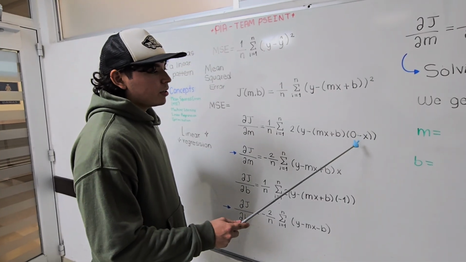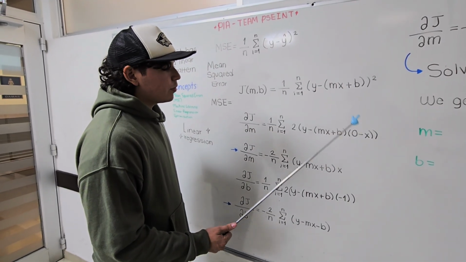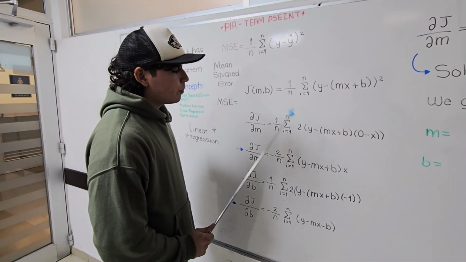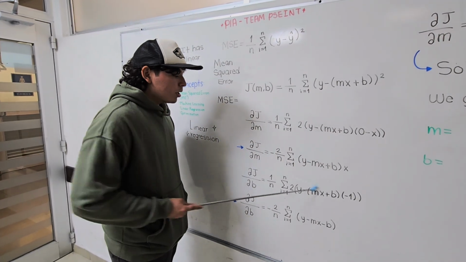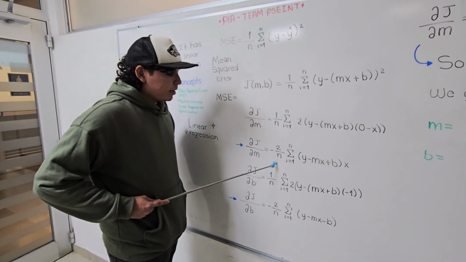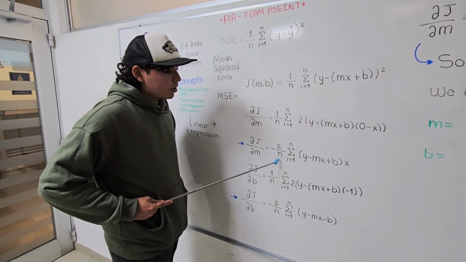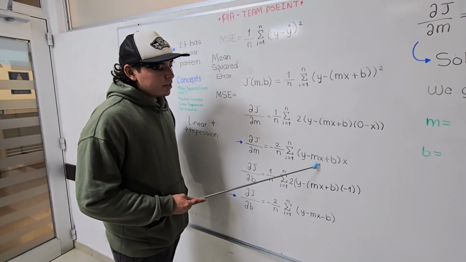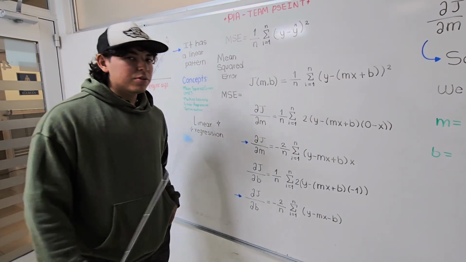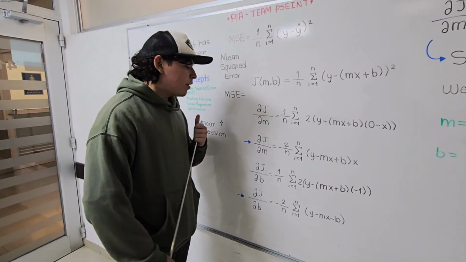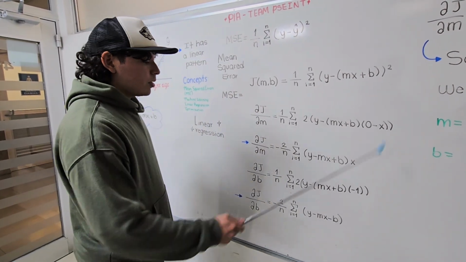So what we're going to do now is the negative side of the x, we're going to multiply that with the 2. We'll multiply that by the 1 over n. So our derivative with respect to m is minus 2 over n, (y minus (mx plus b)), multiplying x. Now, if we were to derivate for b, first we will do the chain rule.